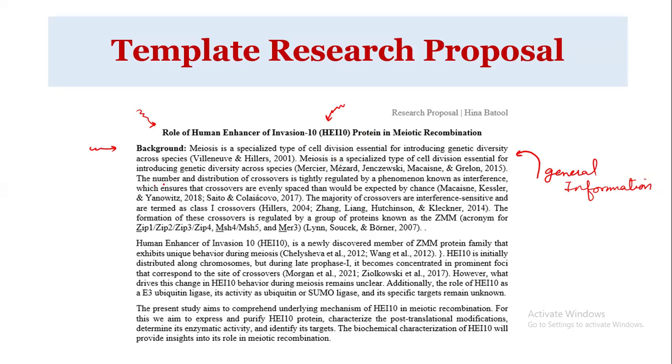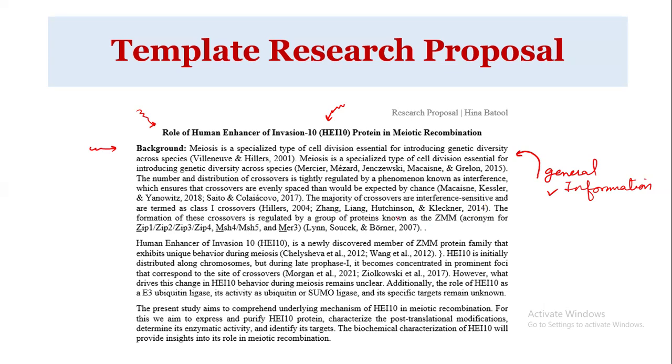In the second sentence, I have mentioned that the process of crossover is a very regulated process, and it is regulated by the phenomenon of interference, which ensures that crossovers are not created by chance. So again, this is background information about crossovers and the process of meiosis, the general information about the topic.